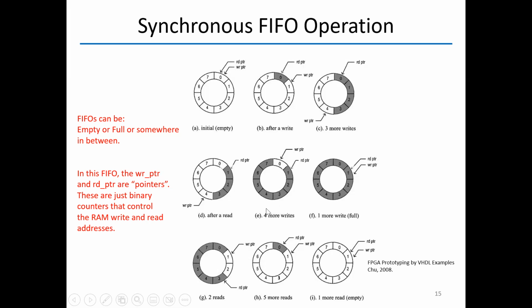Now I did 4 writes: 1, 2, 3, 4. Now I am pointing at 0. One more write, and I have no place, no more writing, unless you are going to overwrite, unless we have a read to clear it. Lucky enough, we have 2 reads, so I can write onto these 2 slots. And 5 more reads. Oh, I finished everything.